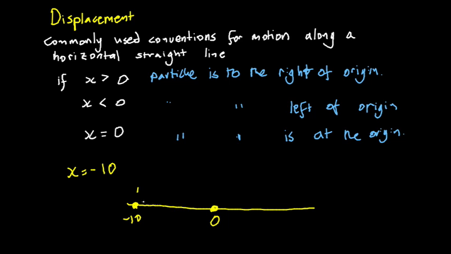It's also important to note that this distance at minus 10 is going to be the same as if we looked to the positive side of the origin. So it's just talking about whether we are to the left or to the right. The positive or negative symbol indicates the positioning. And x equals 0 means we're sitting at this spot here.